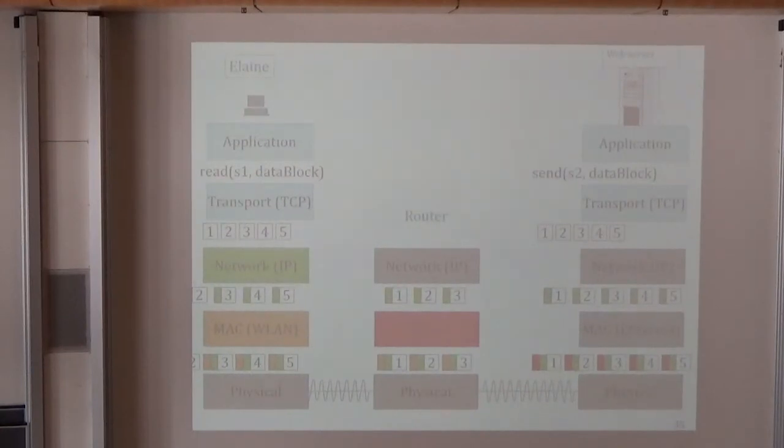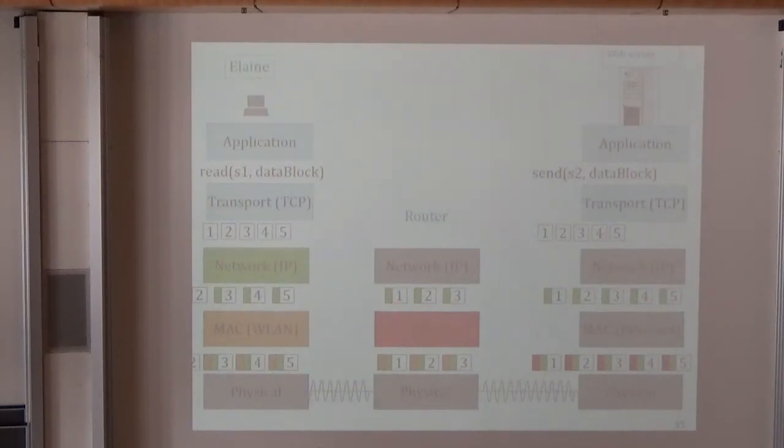So the application program will do a read statement, which means receive, but here often we use the same terminology as with files. It will read from a socket that has a local name S1, and it will read some data. In fact, it will ask the socket, give me as much data as you have and as can fit in the buffer that my application program is using.